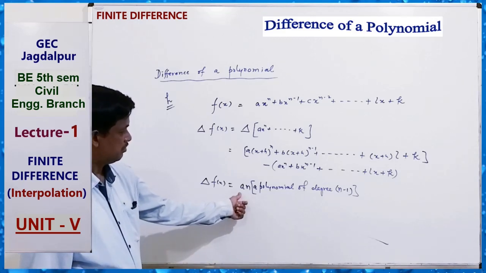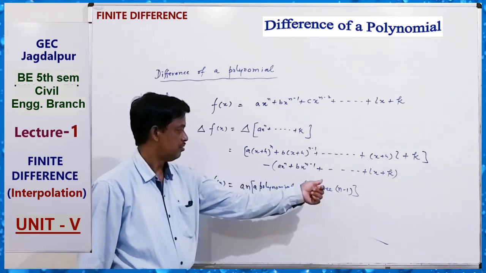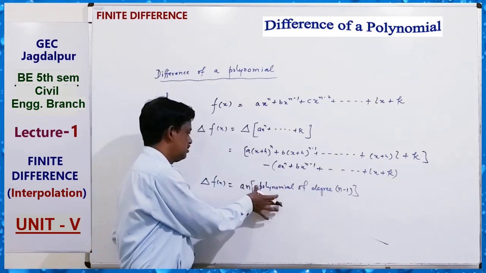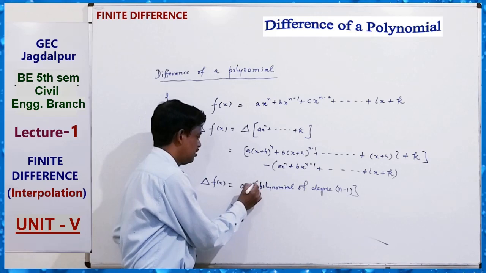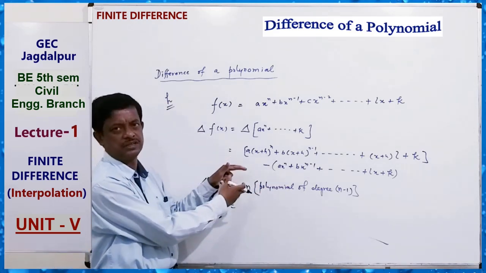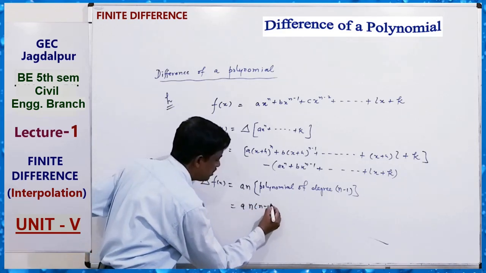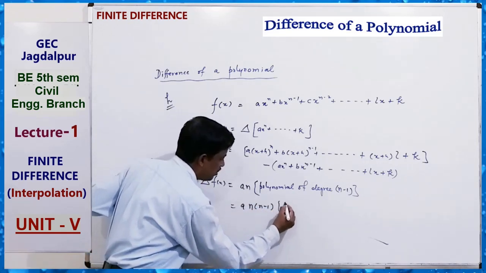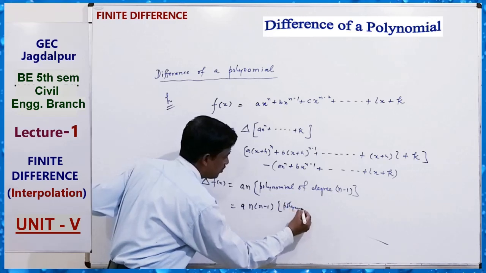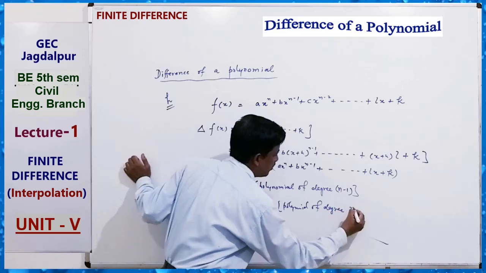A polynomial of degree n minus 1. Just repeat this process, then we can get a n (n minus 1) and a polynomial of degree n minus 2.